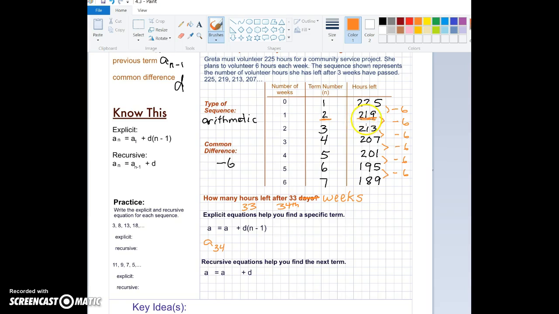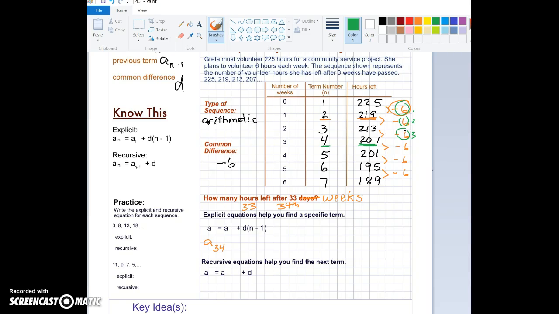Well, our second term is 219, and we subtracted 6 just one time, right? How many times did we subtract 6 to get to our fourth term? Well, our fourth term is 207, and we subtracted 6 1, 2, 3 times. So to get to term 4, we subtracted 6 3 times.